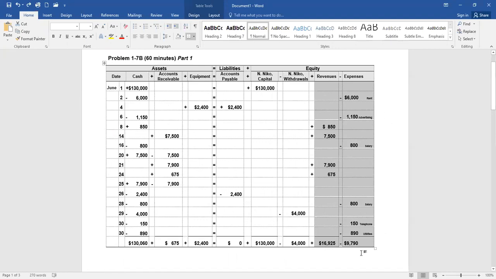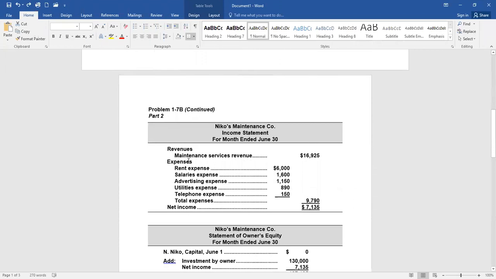So we've got to take our time and be careful, but we want to list each one with the dollar amount. And if there's any that are common, like the salary, add those 2 together to have one amount. Take a look. Rent expense, $6,000. Salaries expense, $1,600. Advertising expense, $1,150. Utilities expense, $890. Telephone expense, $150.